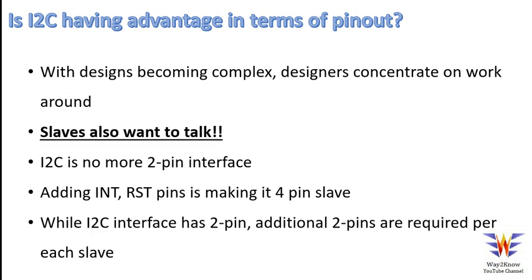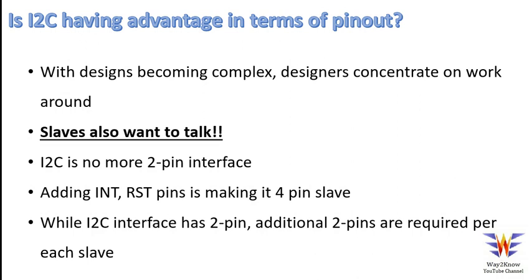And when you have the interrupt and the reset pins along with the clock and the data, that means I2C is now no more a 2-pin interface. Basically you need another 2 pins so that the slave is able to communicate independent of the master initiating it. These interrupt pins and reset pins you generally connect to a GPIO.